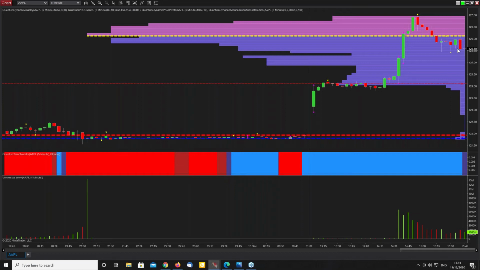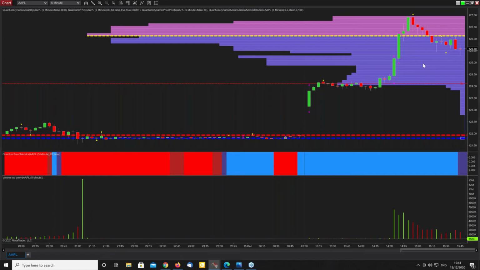And because Apple and the other FANGs, if you like, are so dominant within that particular index, they have a huge impact. So you've got to be well aware, from an intraday day trading perspective, because they are very liquid and very tradable.